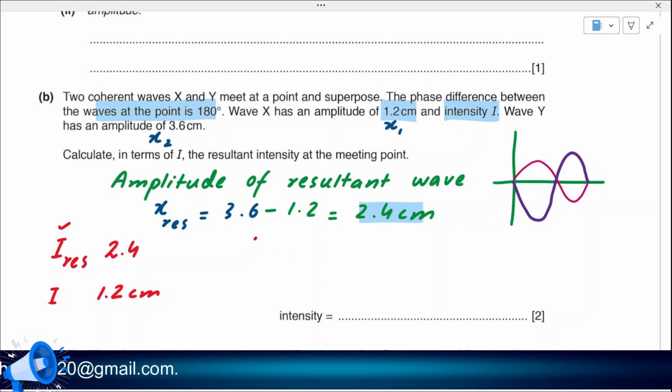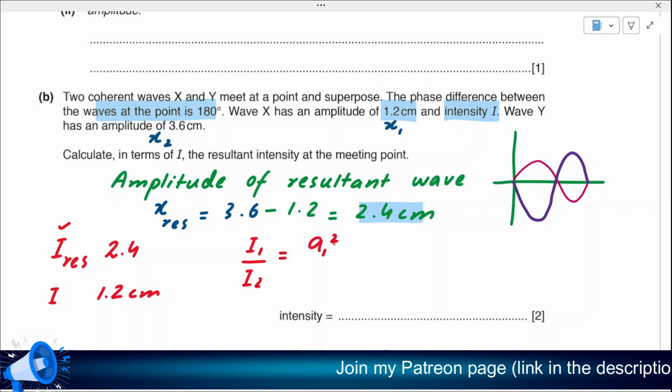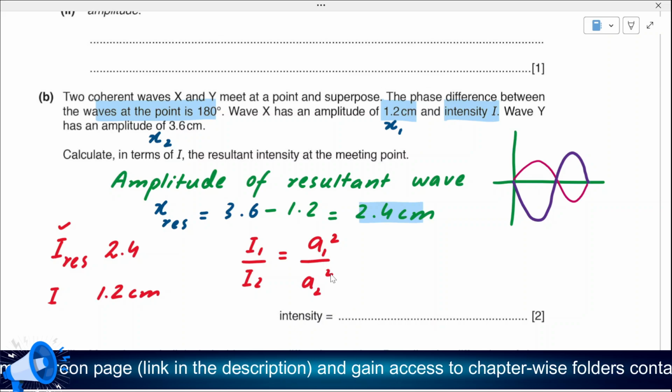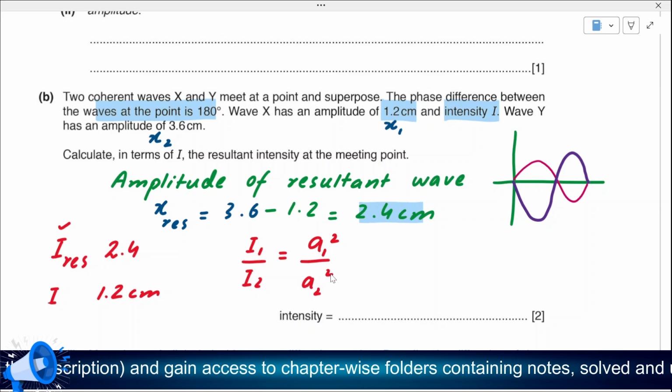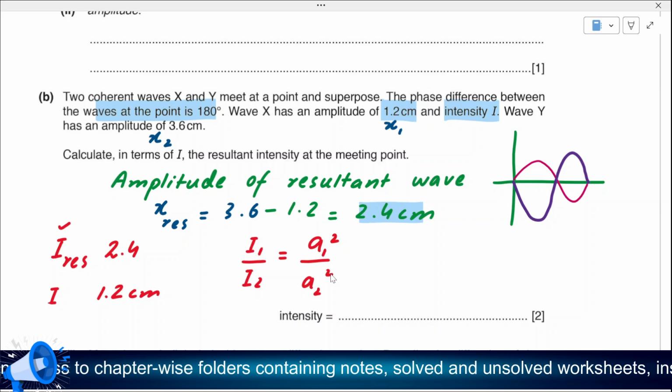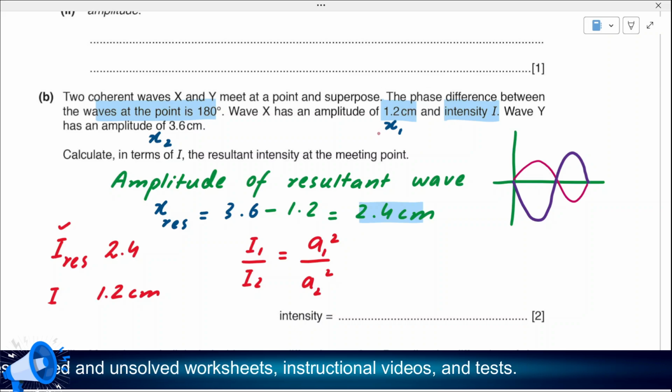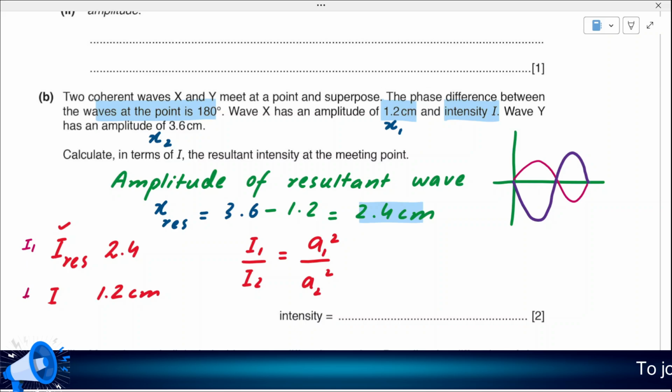The formula that we have is I1 over I2 equals A1 squared over A2 squared. Where do we have this formula? In the very first chapter of waves, in the subtopic intensity of wave, you'll find this formula. In the very first workbook of waves, I1 over I2 equals A1 squared over A2 squared. You can call this one I1, this I2, this one A1, and this A2.